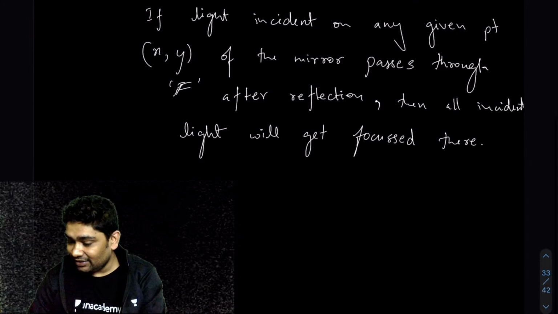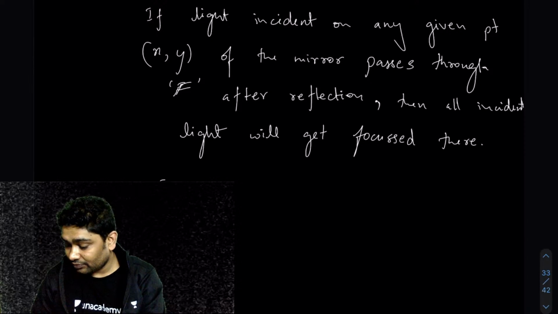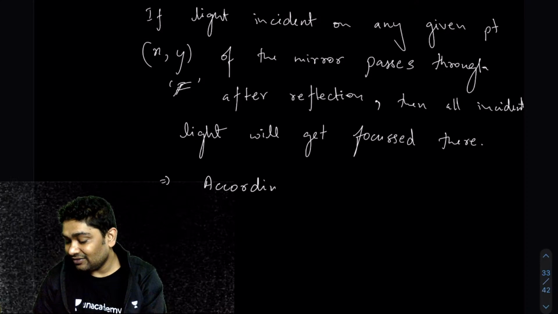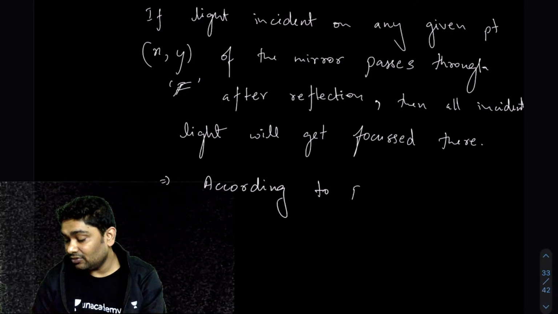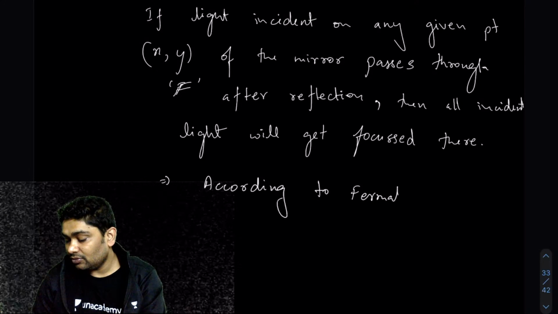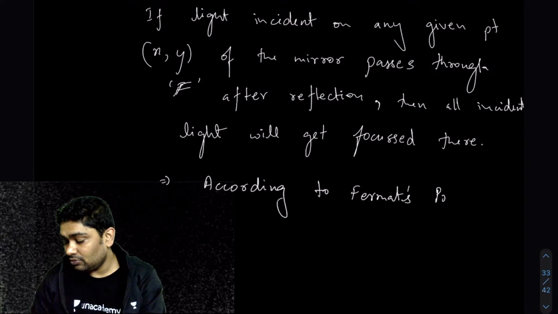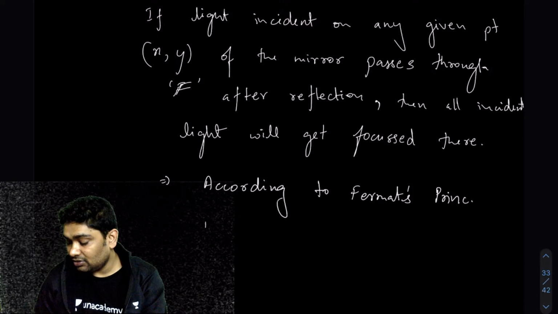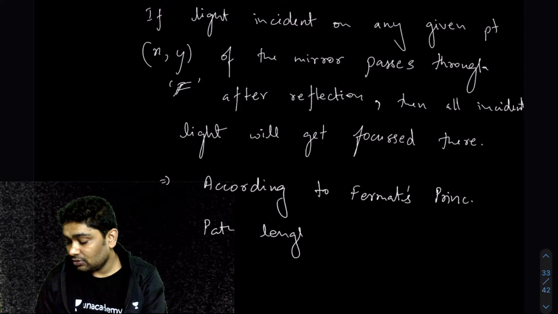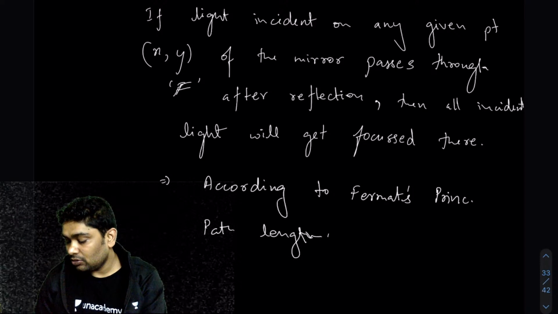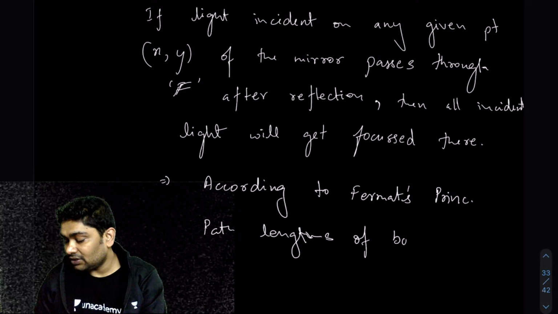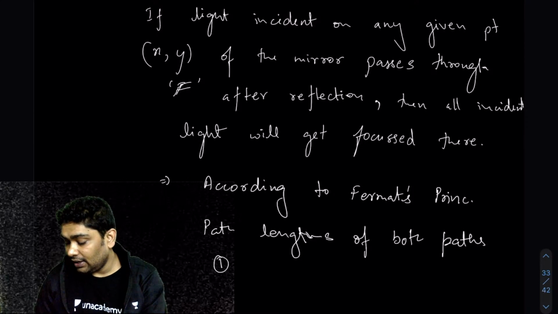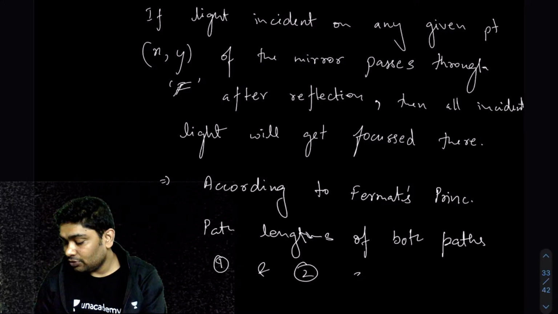So I can say now, according to Fermat's principle, path lengths of both paths one and two should be equal.